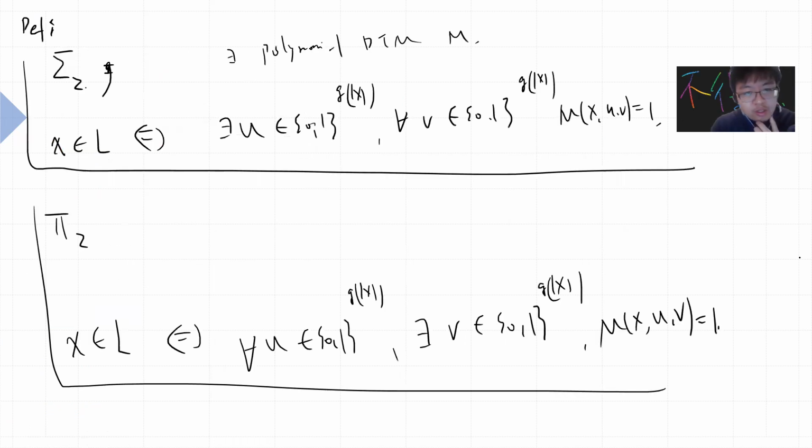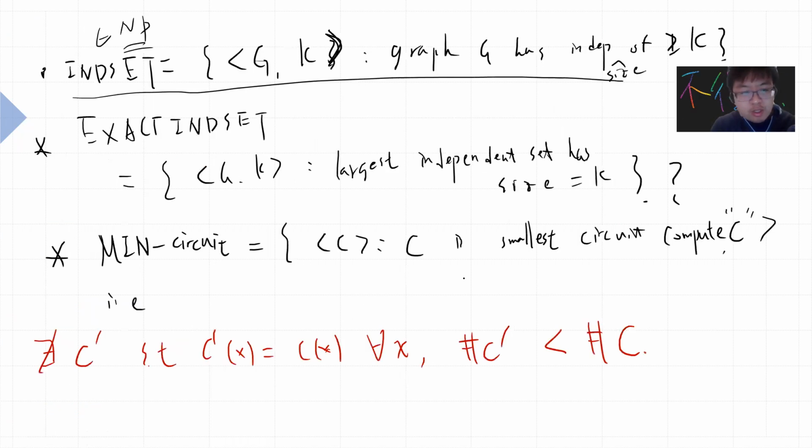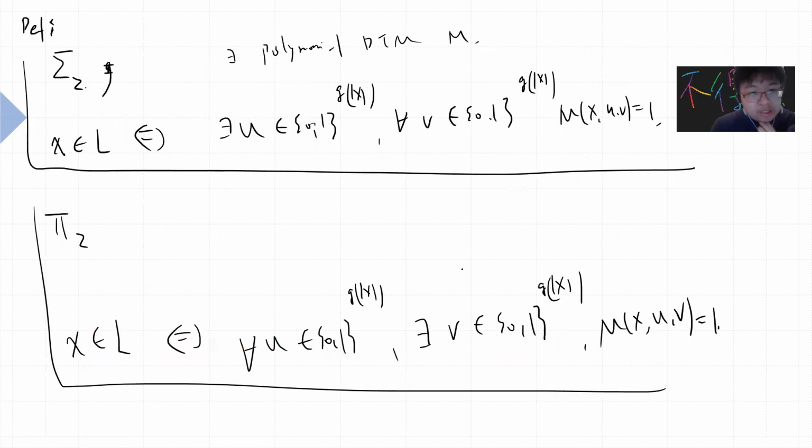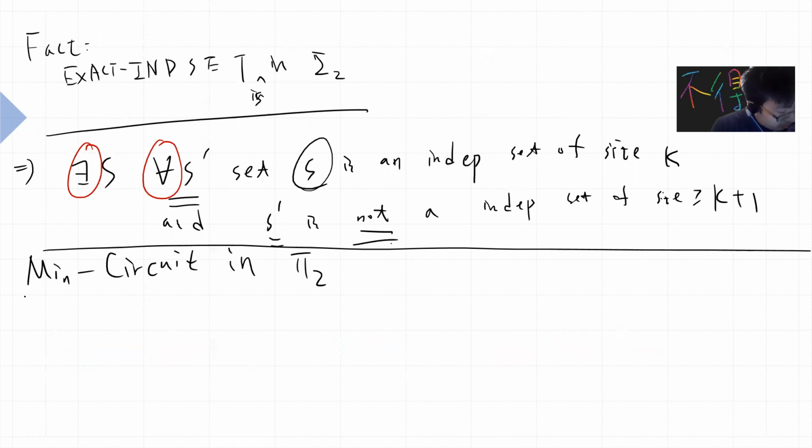Because you can see that this is for all and exists. This means not exists such that this. Let me write this as a language.